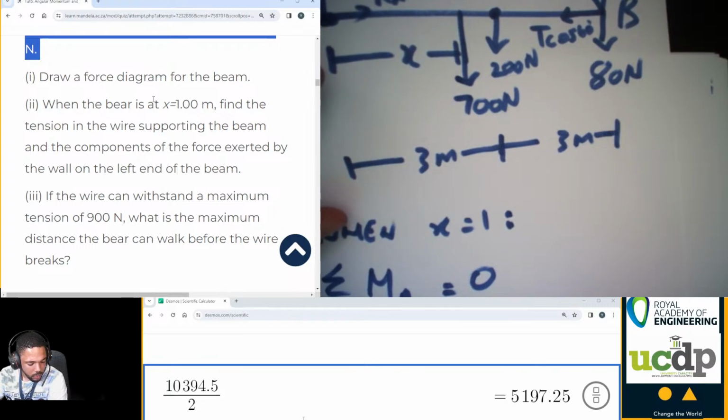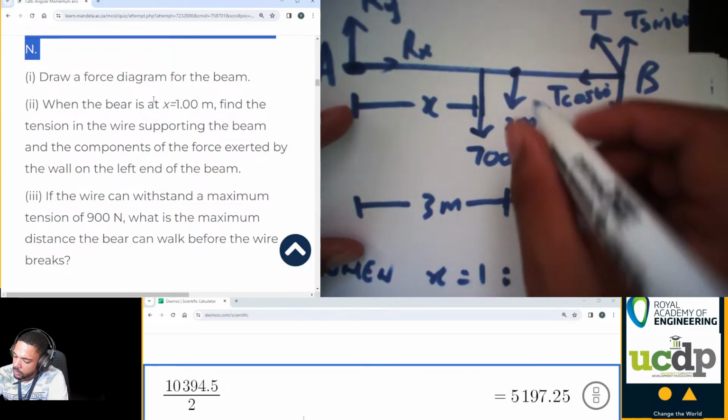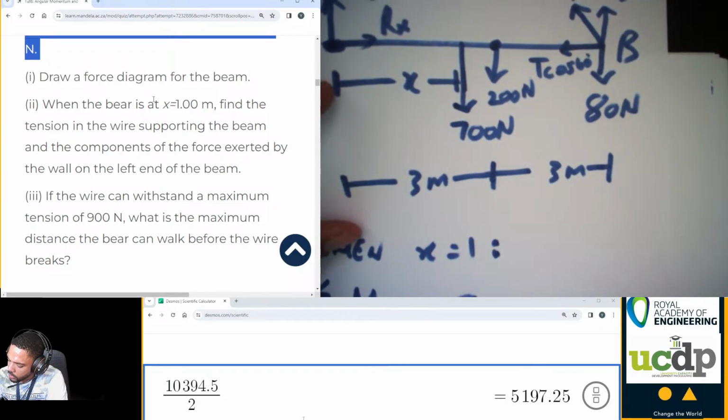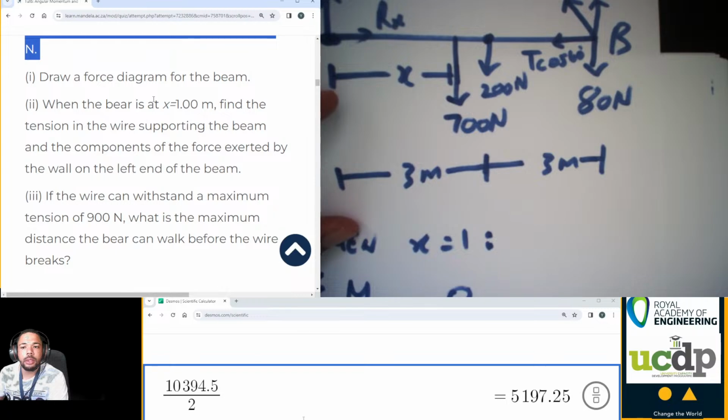So negative. Then the next force is the weight of the beam itself. It's 200 and it acts at a distance of 3.